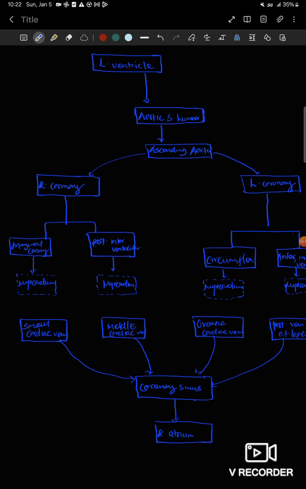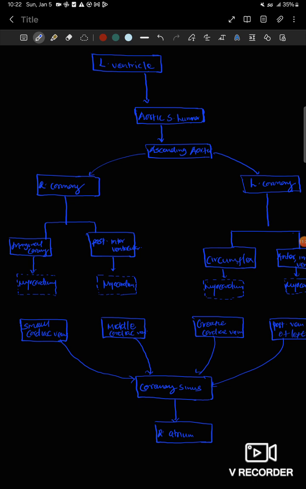And from there, the marginal coronary artery will be drained to the small cardiac vein, and the posterior interventricular coronary artery drains to the middle cardiac vein. The circumflex coronary artery drains to the great cardiac vein, and the anterior interventricular coronary artery drains to the posterior vein of the left ventricle.